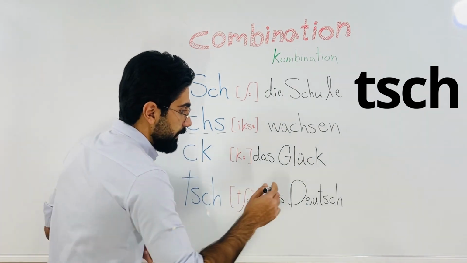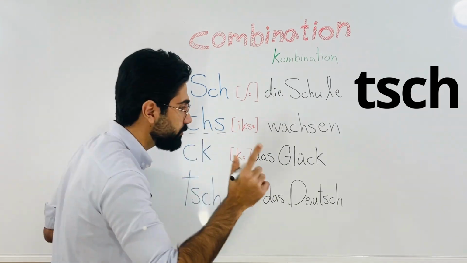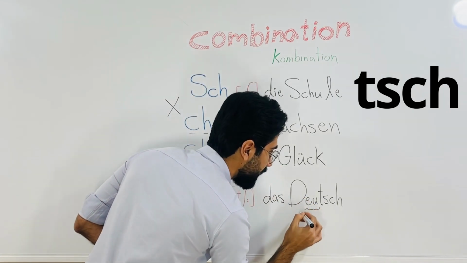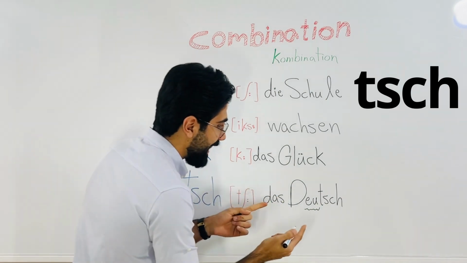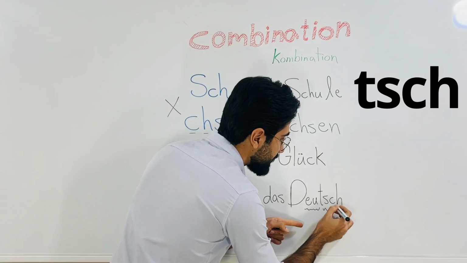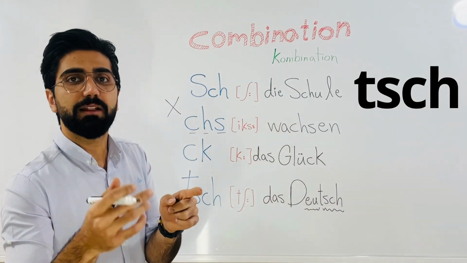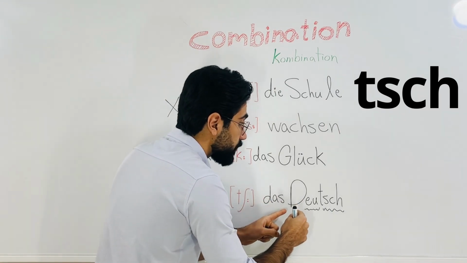Please pay attention here. We have a combination between E and U, which sounds like oi, and another combination, TSCH, which sounds like ch. And here we have das Deutsch.